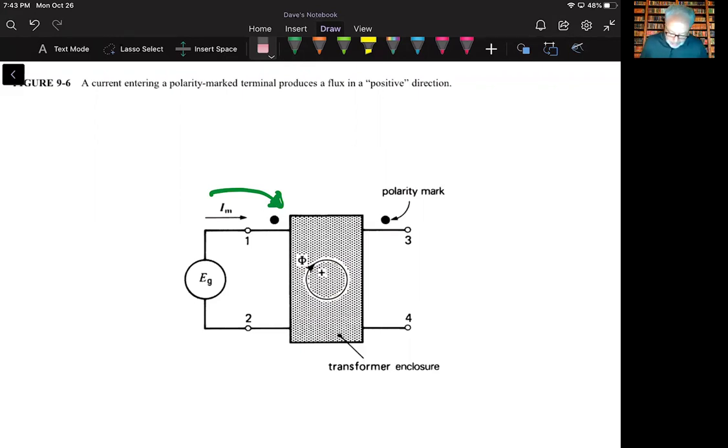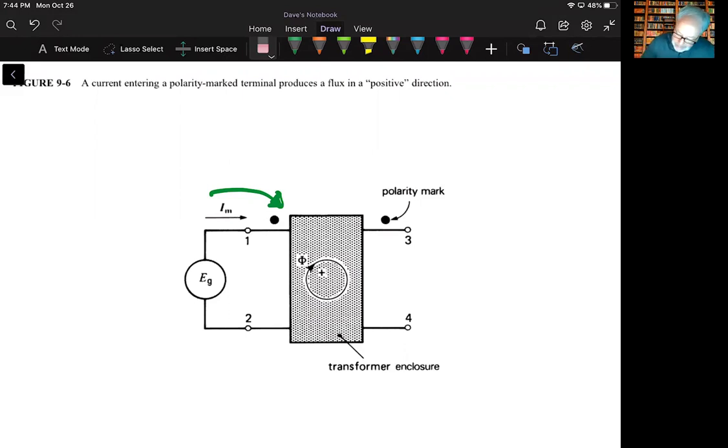The converse of that is that a current flowing out of a polarity mark terminal will produce MMF and a flux in a negative direction. Thus, the currents that respectively flow into and out of polarity mark terminals of 2 coils produce magnetomotive forces that buck.